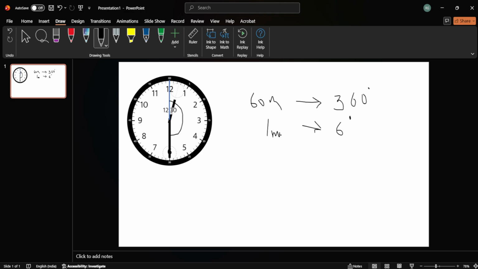And our hour hand will cover 360 degrees in 12 hours, so in 1 hour it will cover a 30 degree angle.